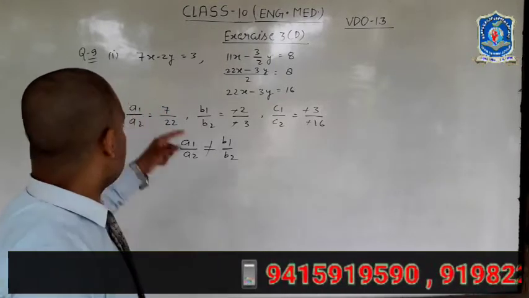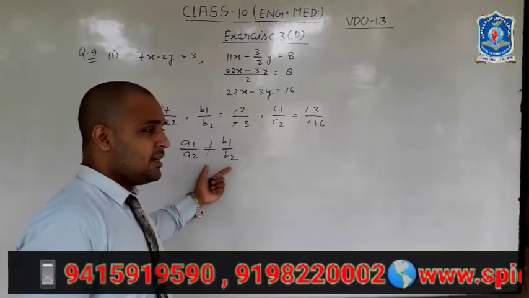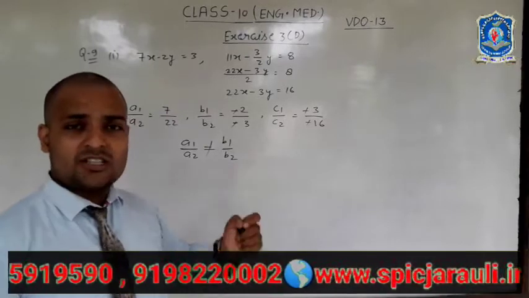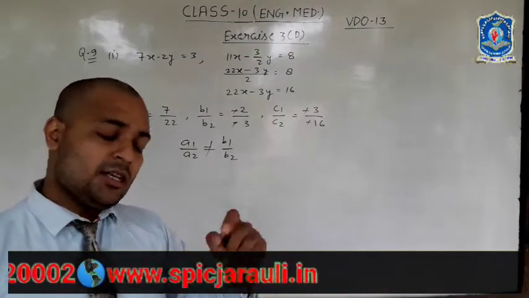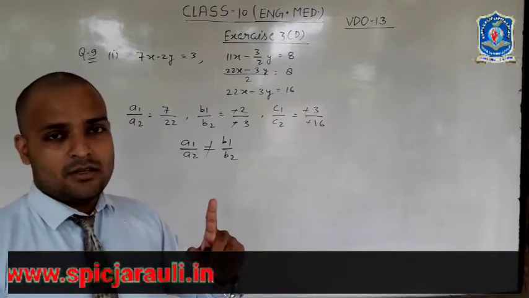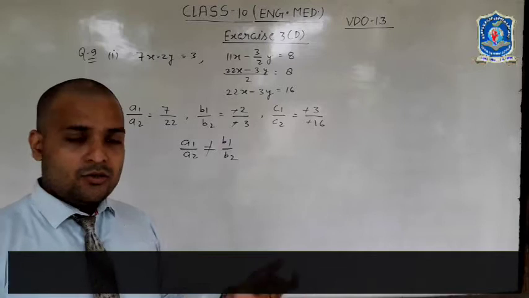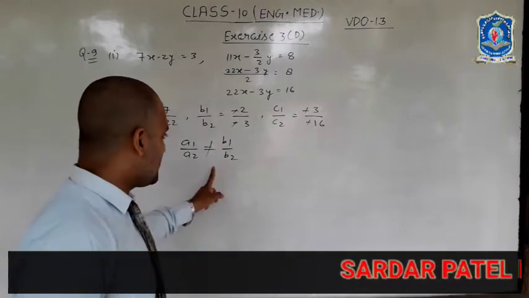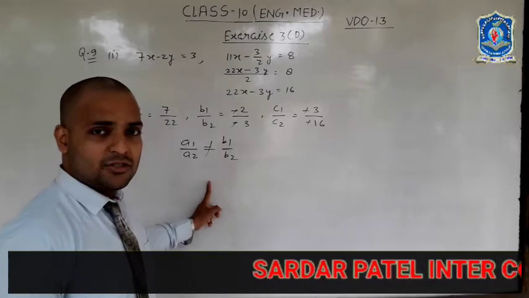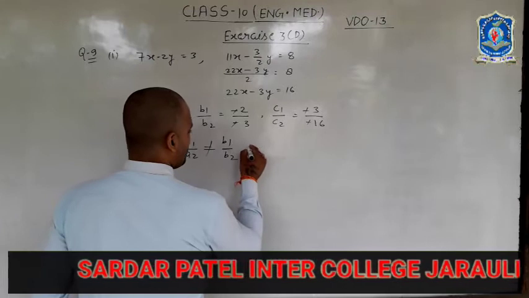Okay, and now this is question number 9. In this question, solve from here. If you got a unique solution, then find the solution. If you got infinite solutions or no solution, you will not have to solve this question. This is a unique solution because a1 by a2 is not equal to b1 by b2.